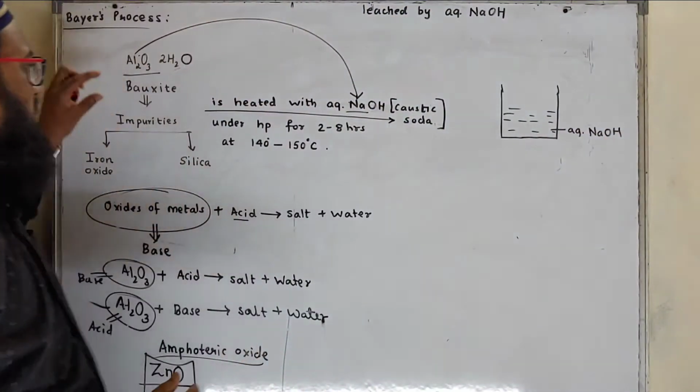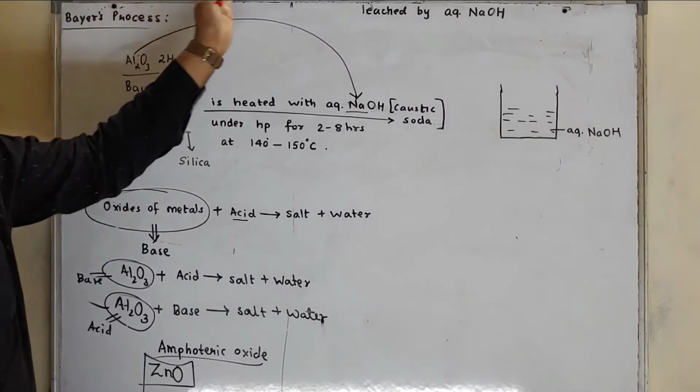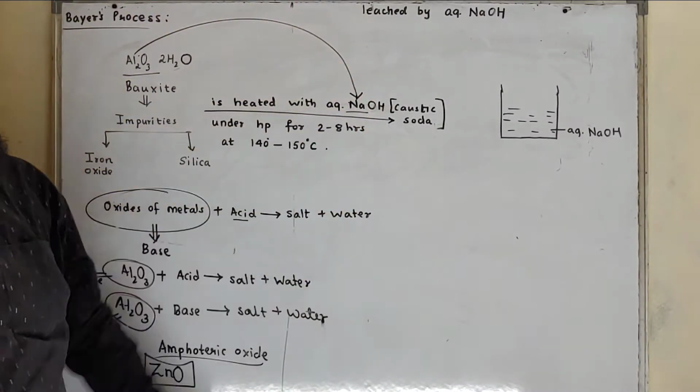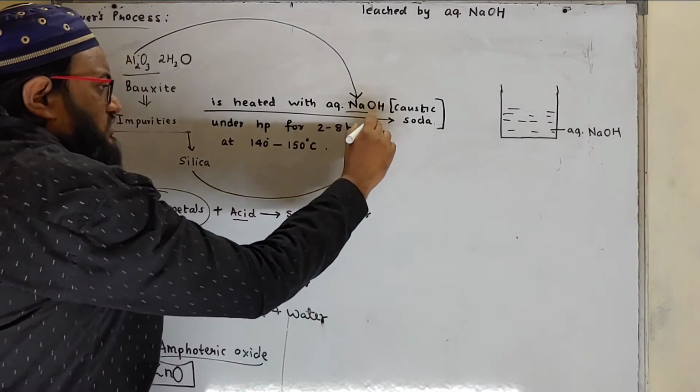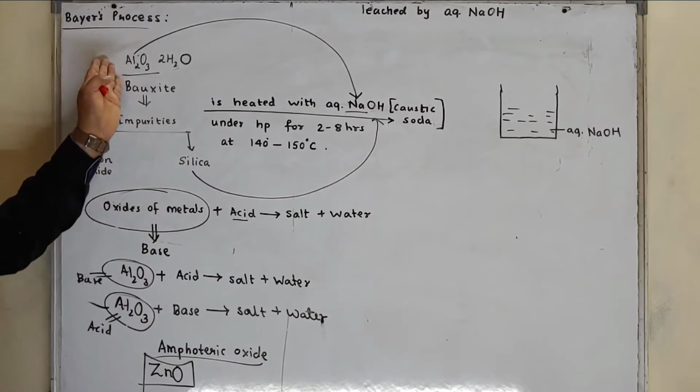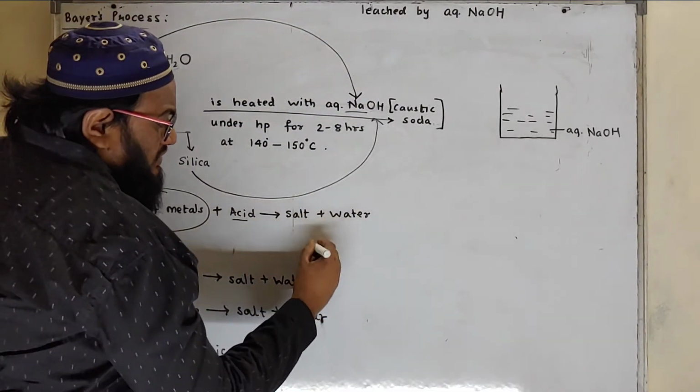We have three things: aluminium oxide, iron oxide and silica. Now what happens? Aluminium oxide gets dissolved in aqueous sodium hydroxide. Silica also dissolves. What will be the reaction? I'll explain.